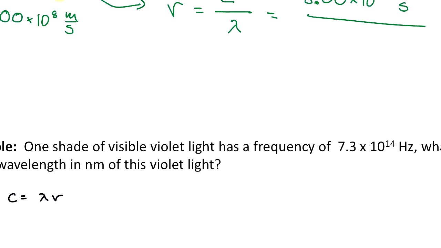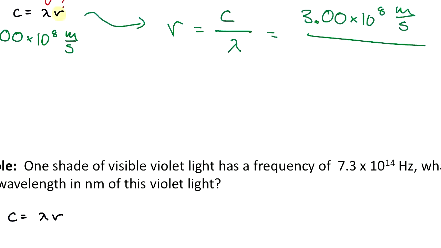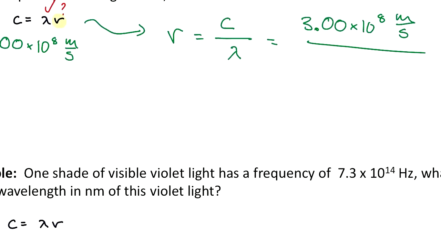Nope, we got to convert it to meters. Notice that this is 490 nanometers, so we can simply rewrite this as 490 times 10 to the -9 meters, because that is what a nanometer is, all right? So that is our wavelength. I'm going to put that at the bottom there, so 490 times 10 to the -9 meters is my wavelength.